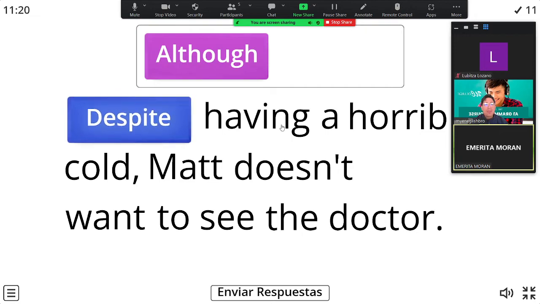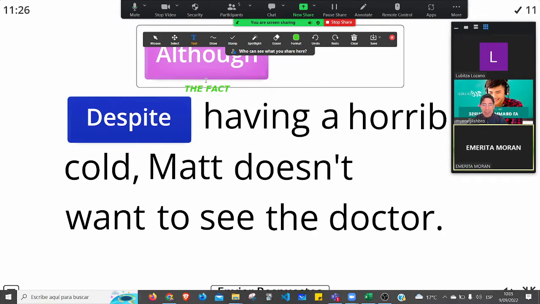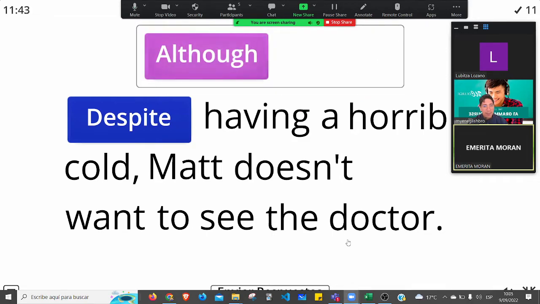Despite. Y este despite having a horrible cold, ¿de dónde proviene? Proviene de un despite the fact that Matt has a horrible cold. Aquí, ¿cuál es mi verbo principal? Has, ¿cierto? La forma base es have. Y le agrego ing, having.